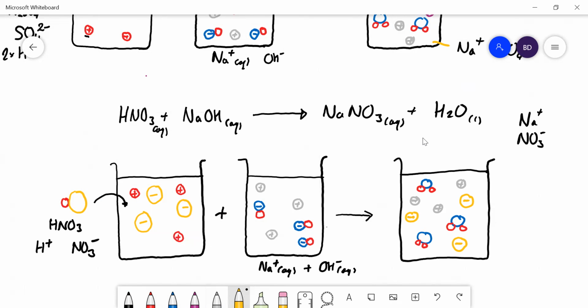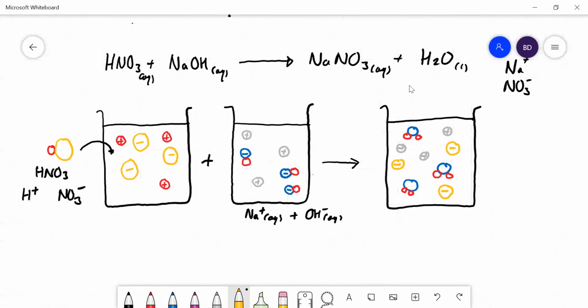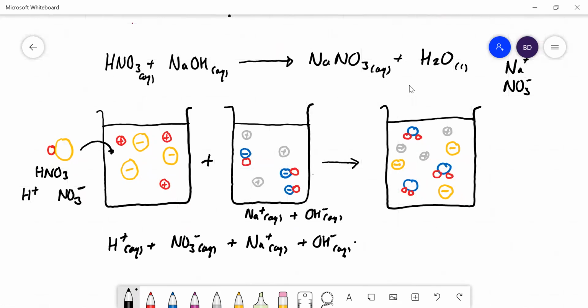Right, so if we write that as an ionic equation, split the nitric acid up into the ions, so it exists as H+ ions in solution, and nitrate ions. The sodium hydroxide is that, and OH- ions, and that's going to react to form H2O.